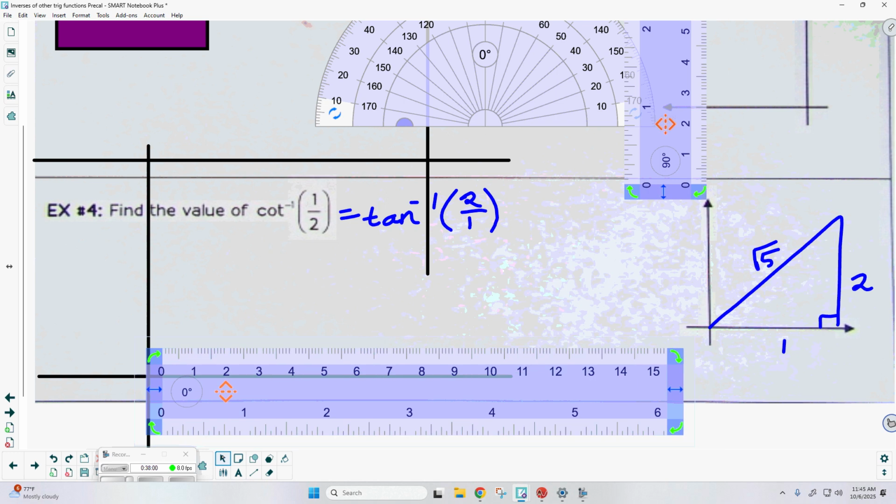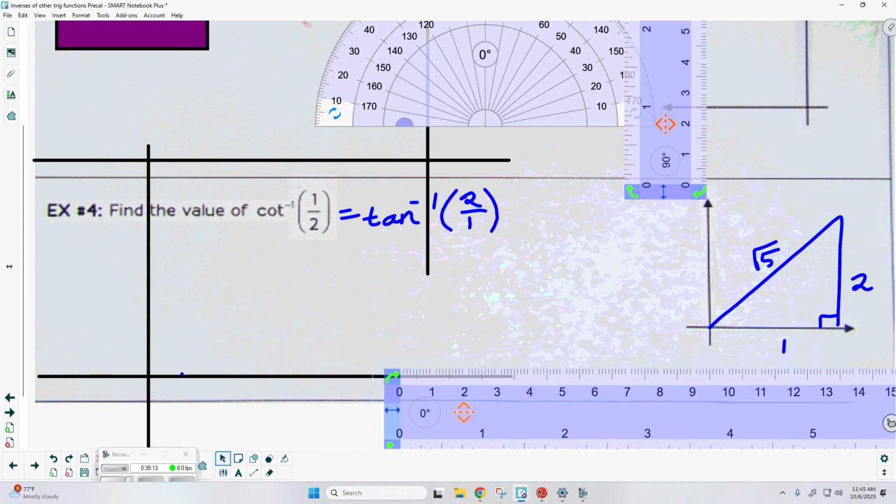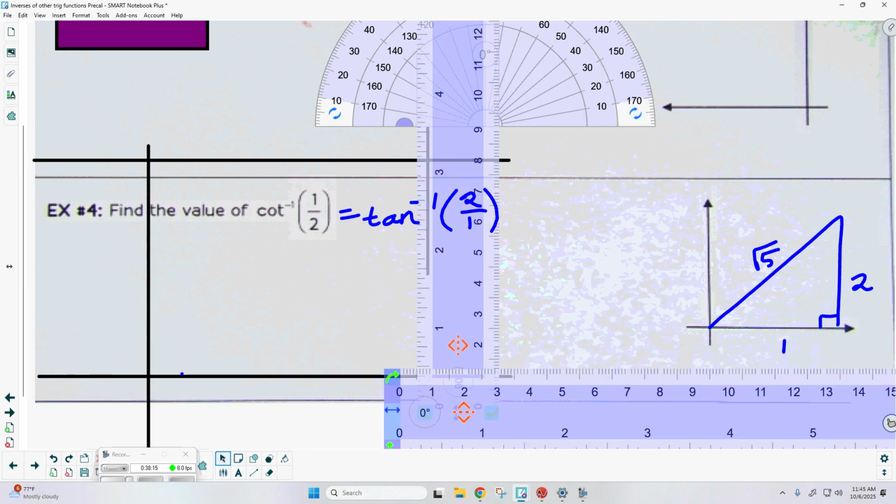So let's say 1 centimeter is right there. Okay. Let's go ahead and get that out of the way. And here is that one, sir. There we go.